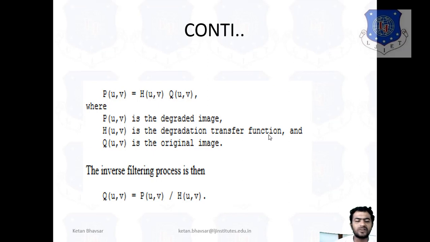We can extract the original content by dividing the degraded content by the degradation transfer function. It means we have to apply the inverse transform to extract meaningful data from the image. It plays a main role whenever we try to extract the original content from the image.